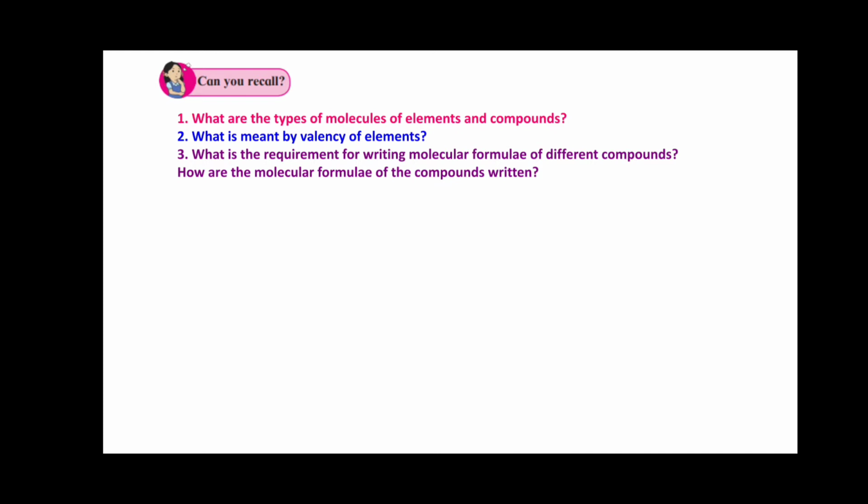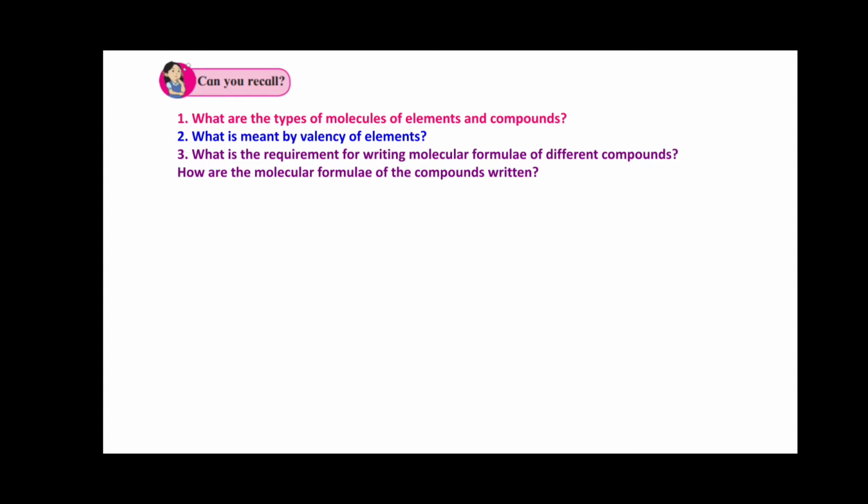The third question that we have to recall is, what is the requirement for writing the molecular formula of different compounds? How is the molecular formula of a compound written? Friends, the requirements for writing the molecular formula of compounds are the symbols of the radicals along with their charge, that is valency.